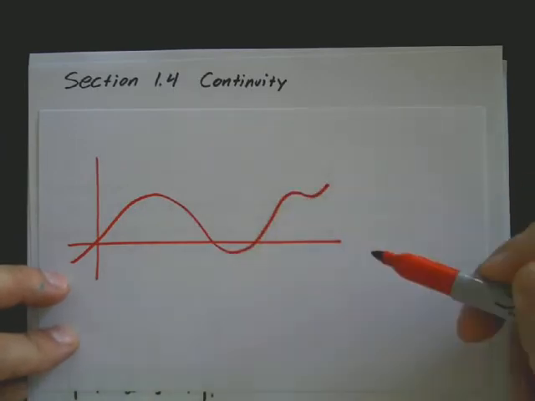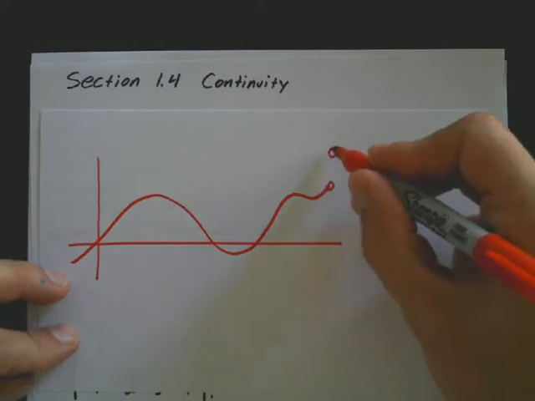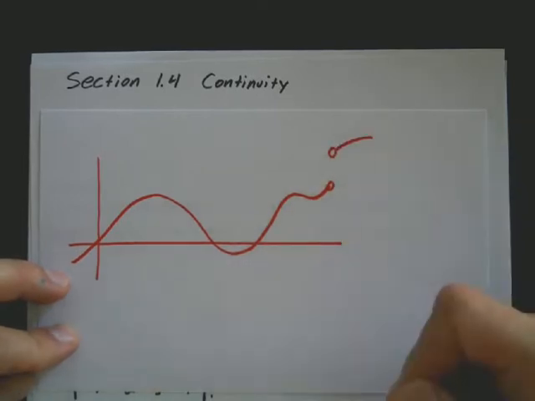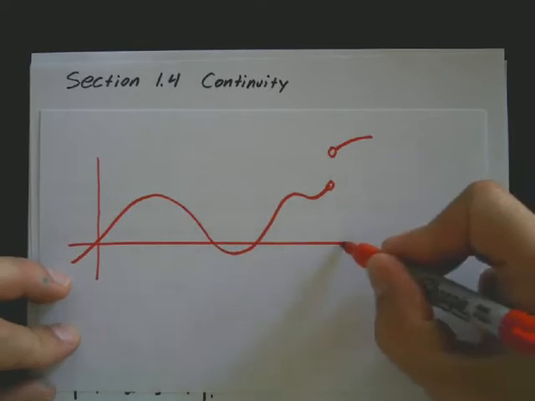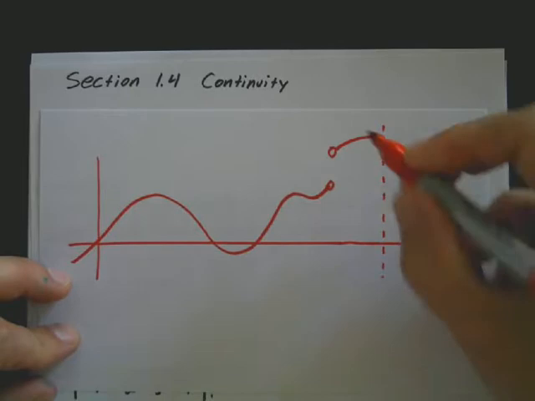Now, as soon as I stop and have to move from one side to the other because of a jump, then it's no longer going to be continuous there. Same thing if I have to overcome a vertical asymptote and I have to go shoot way down over here.